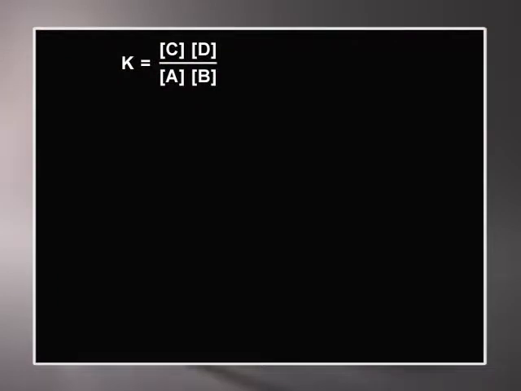Let's take a simpler numerical value for K, just 10 to the 5th. This way the mathematics will be easier to follow. And this has to equal the concentration of C times the concentration of D divided by the product of the concentrations of A and B. I'm going to make up some equilibrium concentrations that will satisfy K. For example, let's assume that at equilibrium, the concentration of C was 1/100th molar, 10 to the minus second molar.